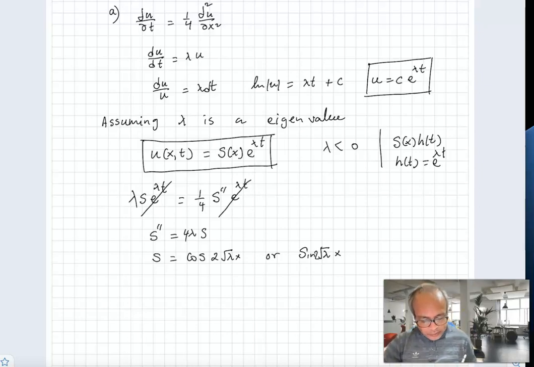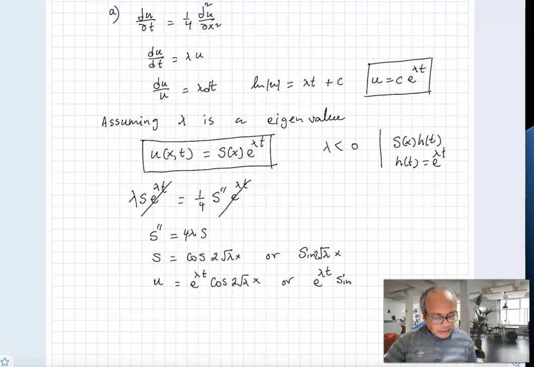Then the solution will be u equals e to the power lambda t cos 2 square root of lambda x, or e to the power lambda t sine 2 square root of lambda x.